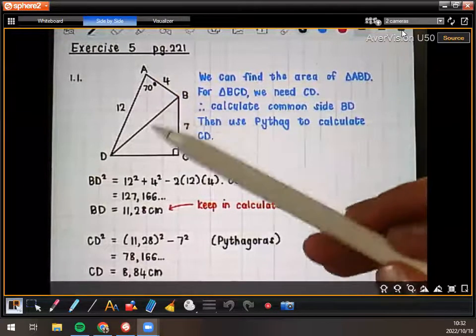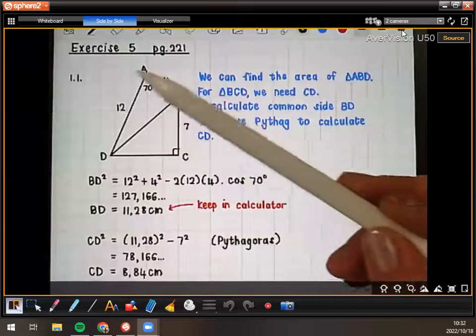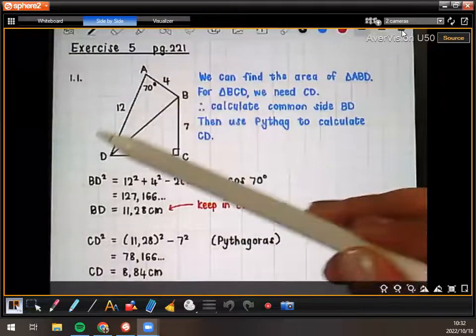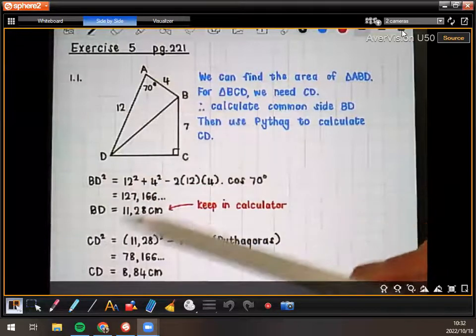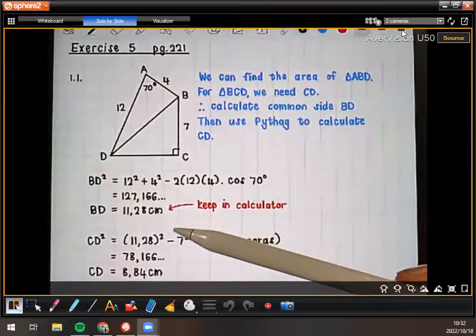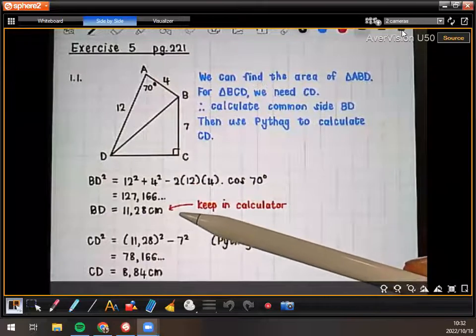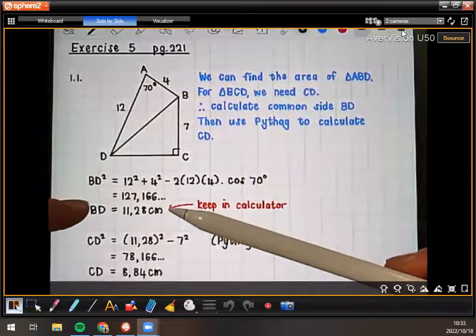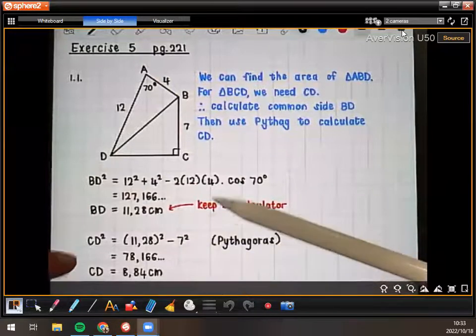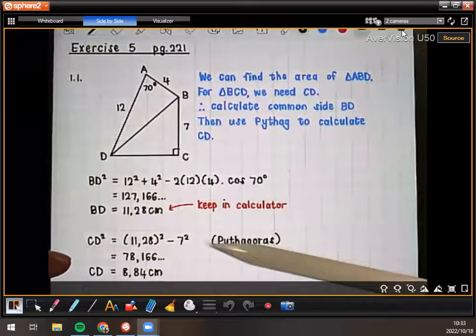To find BD, if you're looking at this triangle, you could use the cosine rule straight away because you had the other two sides and the angle opposite to it. So that's what I did to find BD. I used the cosine rule for that one. And because I'm going to have to use my answer for BD to find CD, you have to keep that in your calculation.